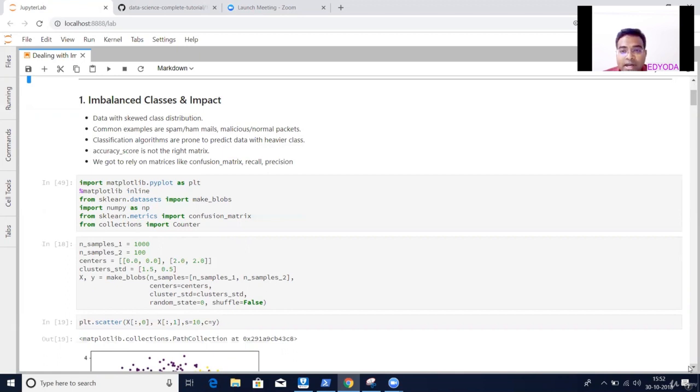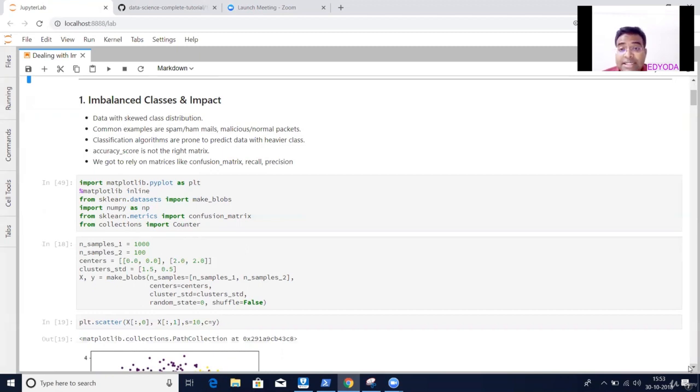If you have tumor data, then predicting if the patient is suffering from cancer or not, very much imbalanced data. So what happens is the classification algorithms are more prone to predict a new data's class as the over-represented class, right? So that's the whole point.